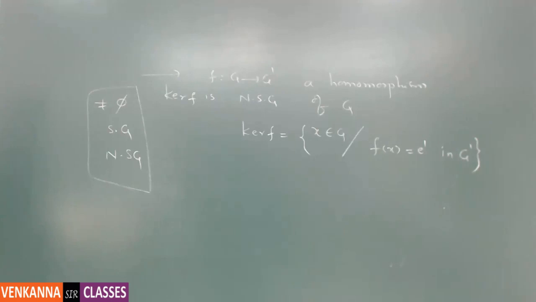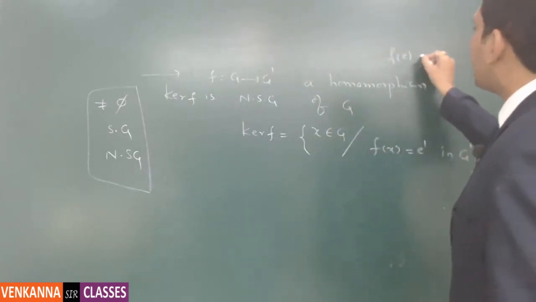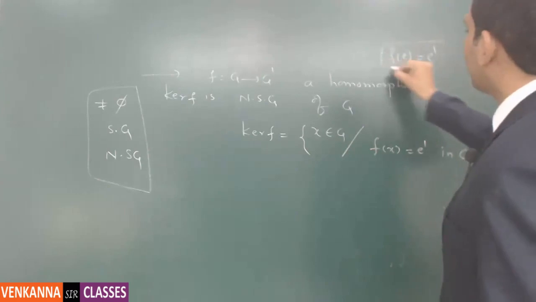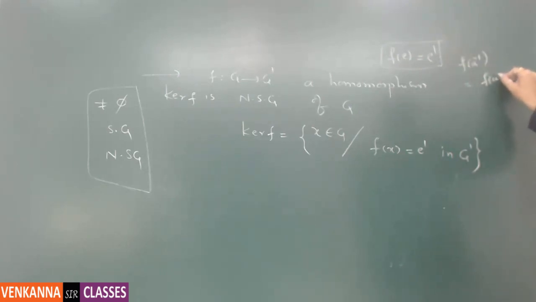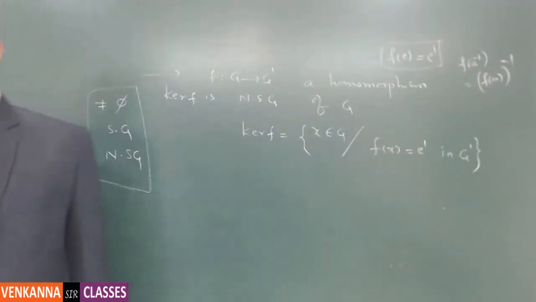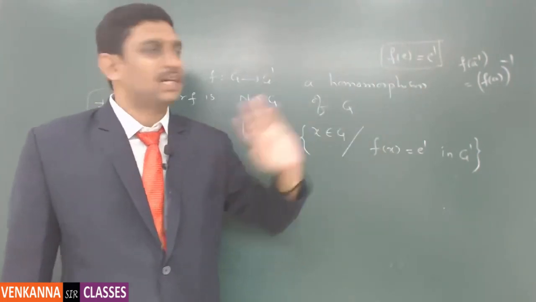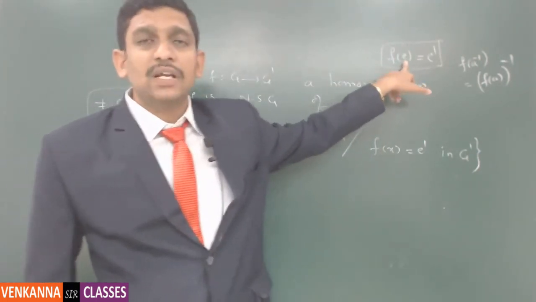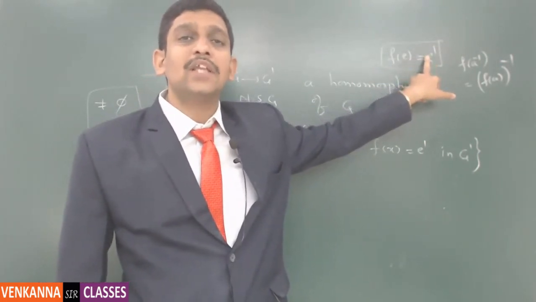So why? Because in the beginning of the session, I mentioned a result: the image of identity is always identity. That is one result I have mentioned. And the image of the inverse is equal to the inverse of the image. So as per this result, you will always get one element in the kernel, because here E stands for identity in the domain, E dash stands for identity in the codomain.